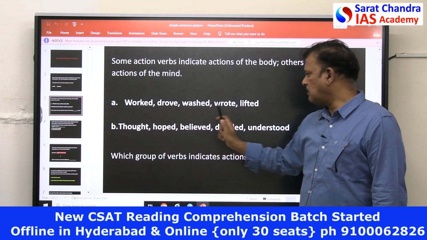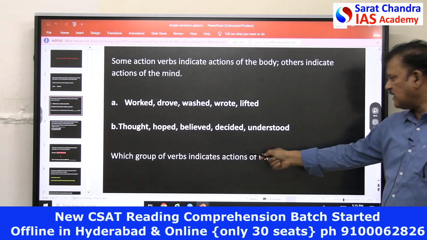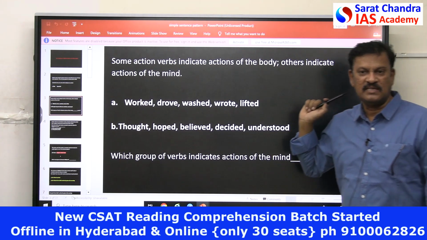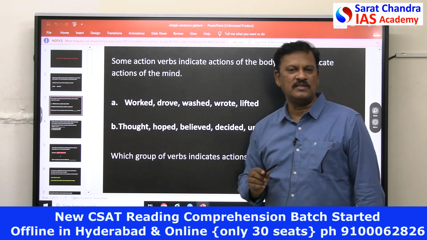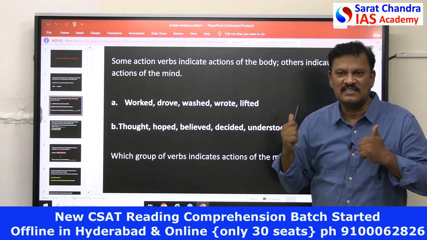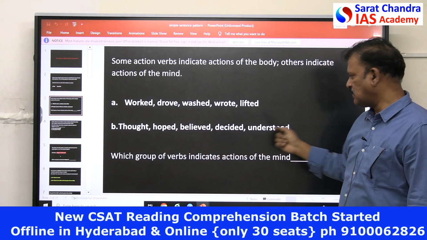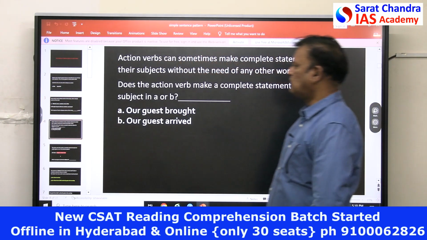Thought, hoped, believed, decided, understood. Which group of verbs indicates actions of the mind? A or B? This is one list, this is one list. Which one is giving you the idea that these actions are done by our mind? Tell me. Obviously, thought, hoped, believed, decided, understood. Fine. Now look at this.